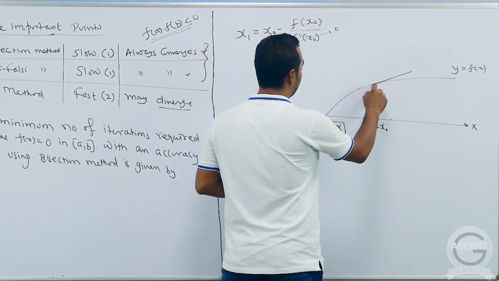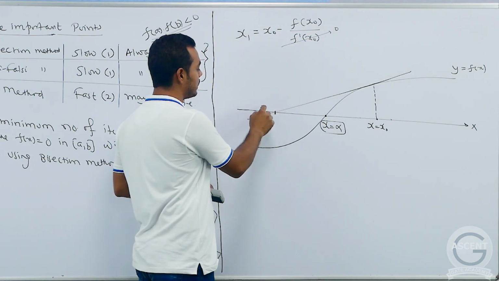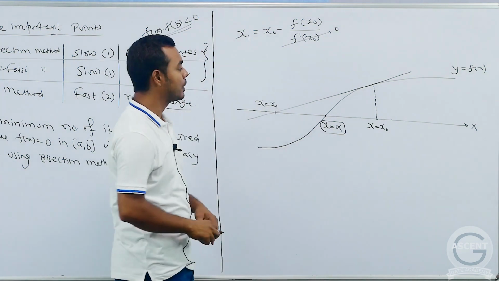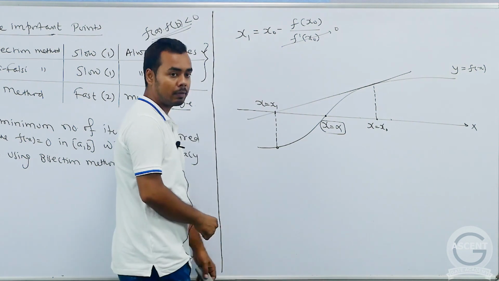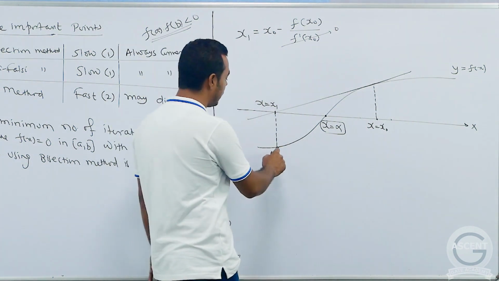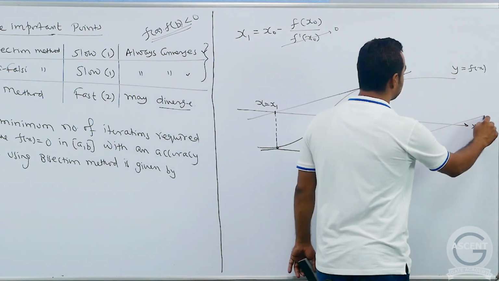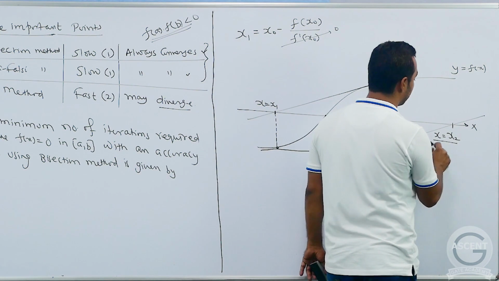So if you draw a tangent line here, the point where this line is crossing the x-axis is your first approximation x1. Now for the next approximation, we have to find the corresponding point on the curve. Then we have to draw a tangent line here. You can see that this tangent will cross the x-axis somewhere here. So this will be the second approximation x2.